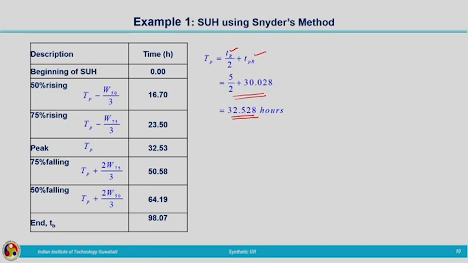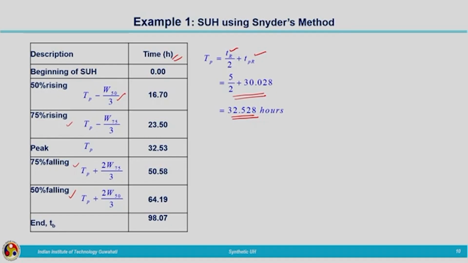Now, by making use of this TP, we can calculate the time corresponding to 50% rising and all other times corresponding to 75% rising, 75% falling and 50% falling. So, these are the times corresponding to each discharge. Now, we need to calculate the values corresponding to peak discharge. The values corresponding to peak discharge we have already calculated.